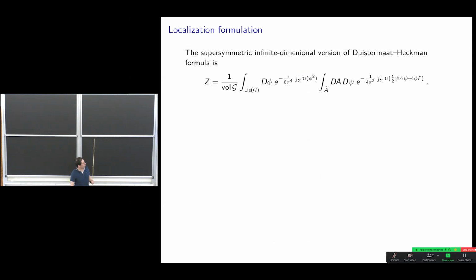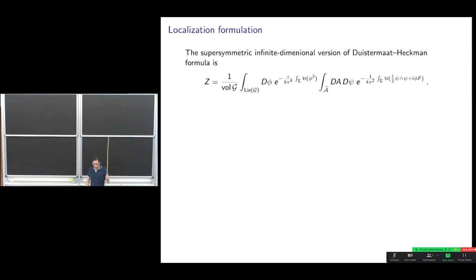Okay, all this just to apply it to a supersymmetric infinite-dimensional version of the formula that we saw in the previous slide. The integral takes exactly the same form, but now it's extended to the supersymmetric version. And the reason why this is interesting is because this is nothing but the path integral of Yang-Mills theory in 2 dimensions in the BF, in supersymmetric BF formulation.